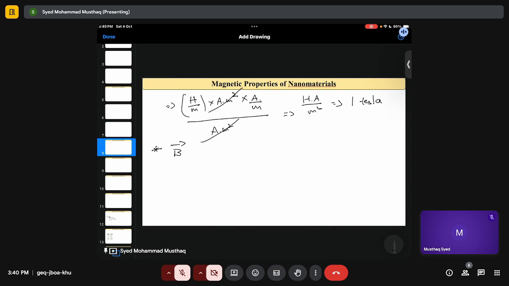Whenever there is an interaction between something, some M or some electron, and your applied H, then you should take B, because that's what we have defined so far.